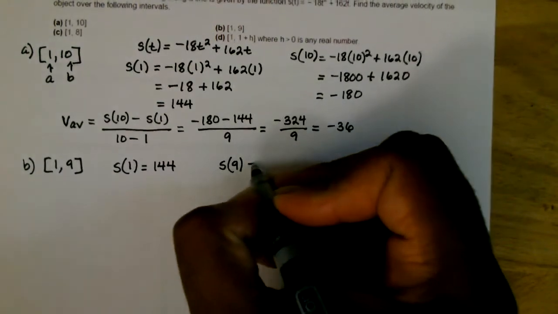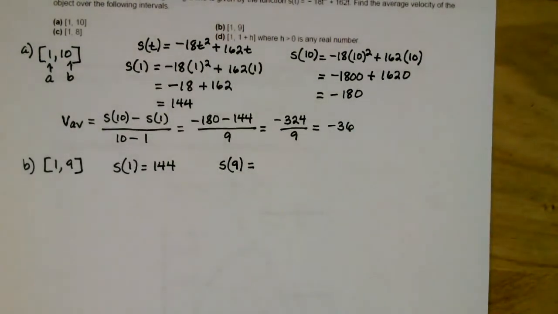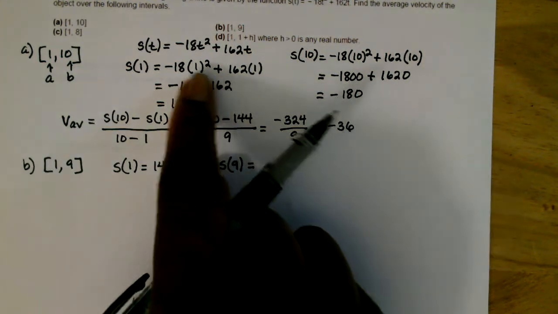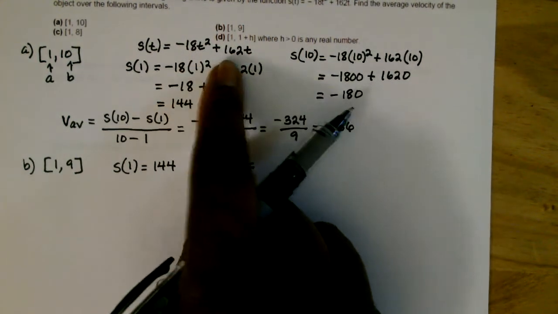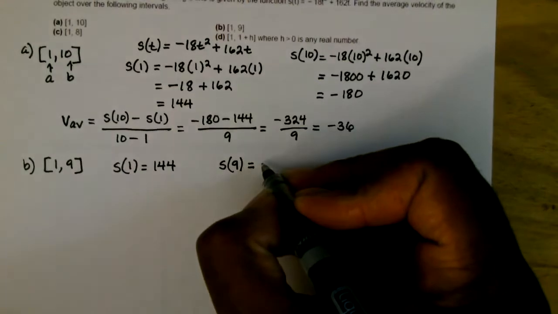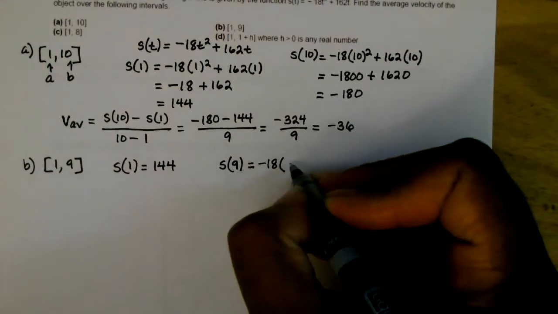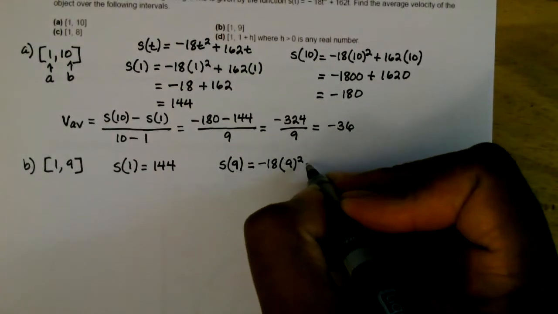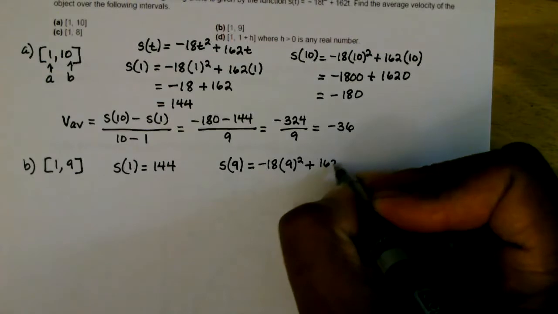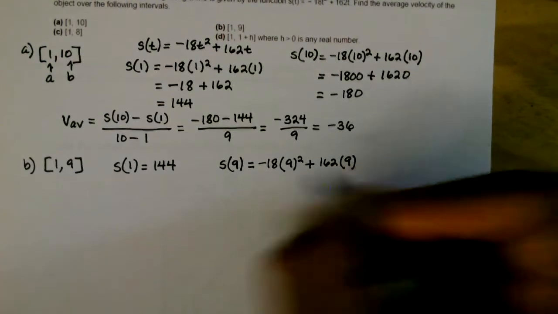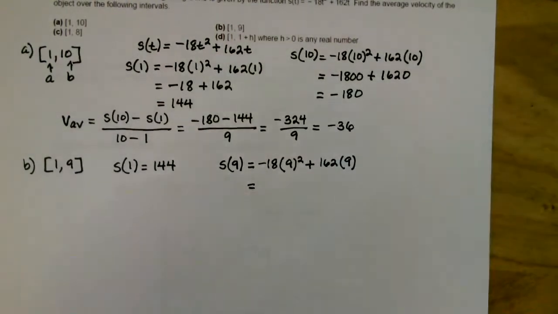So S of 9, we just substitute t in with 9 in this function. So it'll be negative 18 times t will be 9, and that's squared, plus 162 times t. That's also going to be 9. And then we simplify.